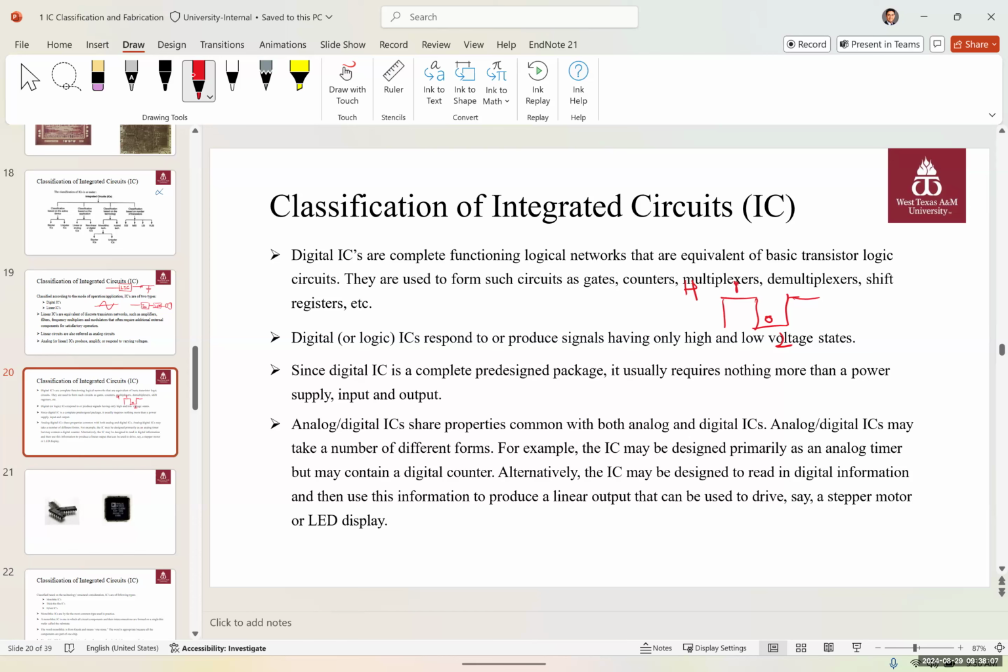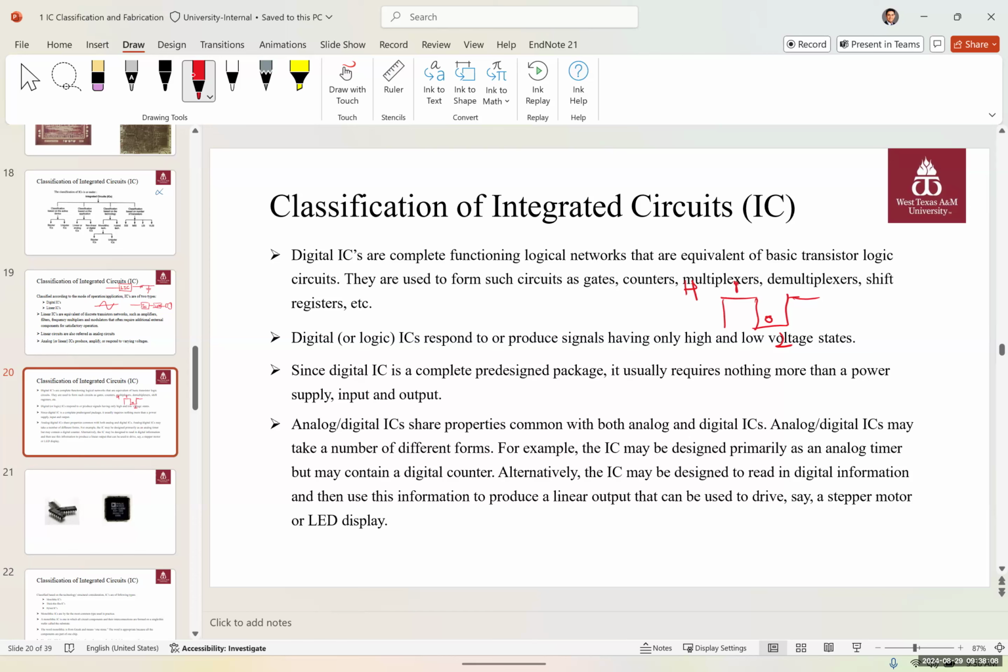Usually the signal high or 1 represents a voltage, let's say 5 volts, and 0 volts shows 0 for a normal digital IC, like a 7400, which is a NAND gate.